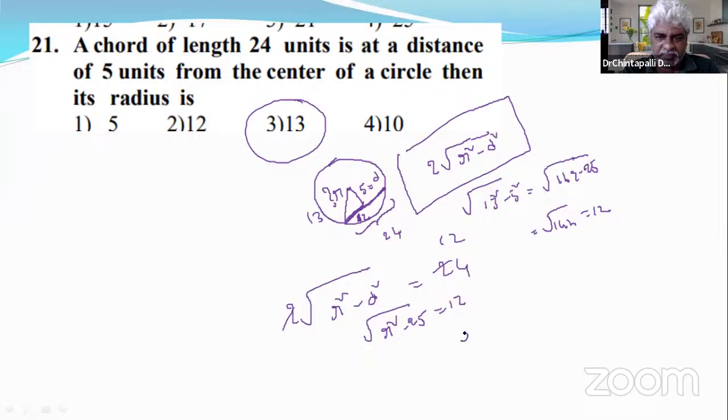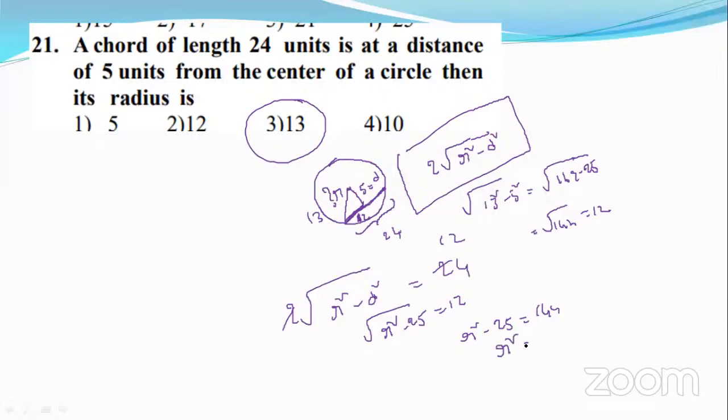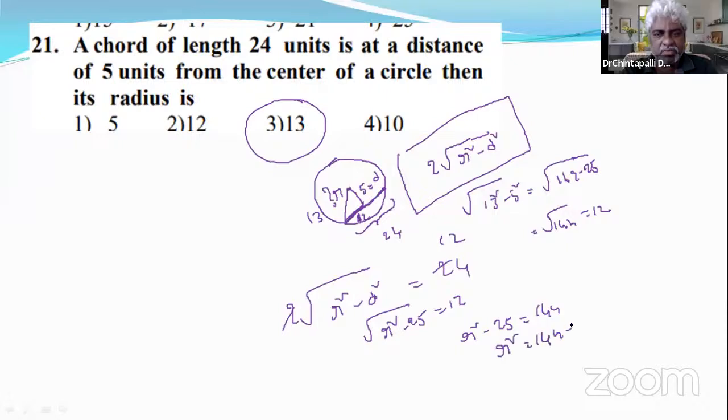Squaring on both sides, r square minus 25 is equal to 144. You did it correctly and easily in the beginning, but I am explaining how to solve the same sum using the formula. R square is equal to 144 plus 25, that is 169. R is equal to root 169, that is 13.